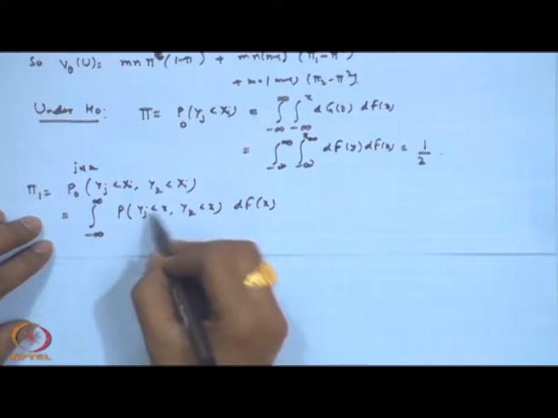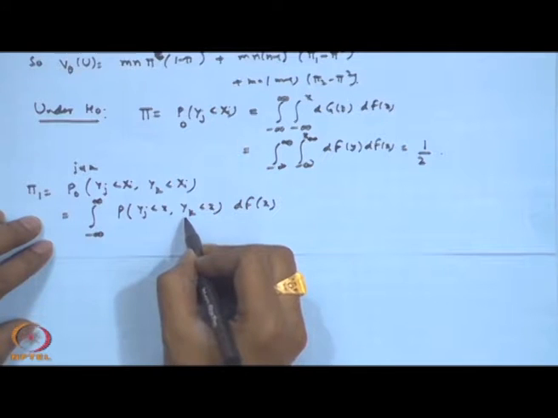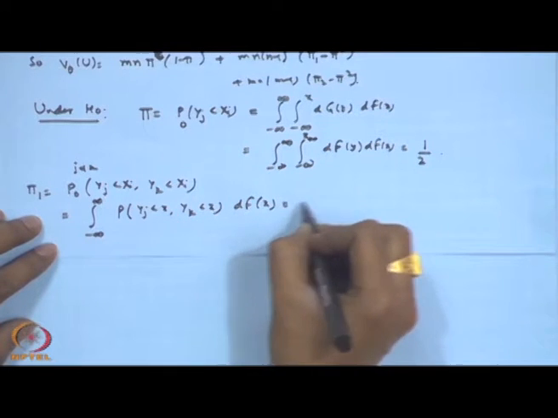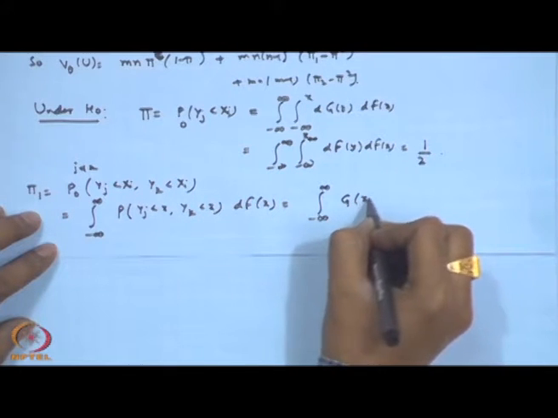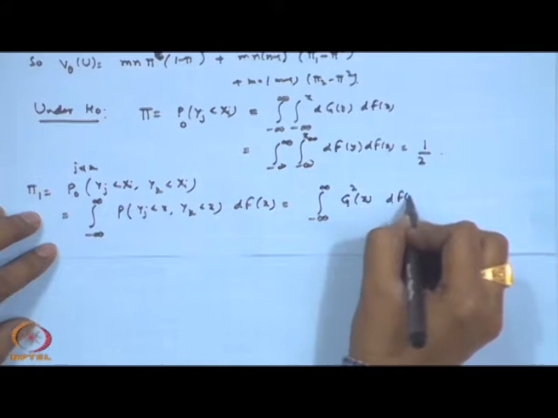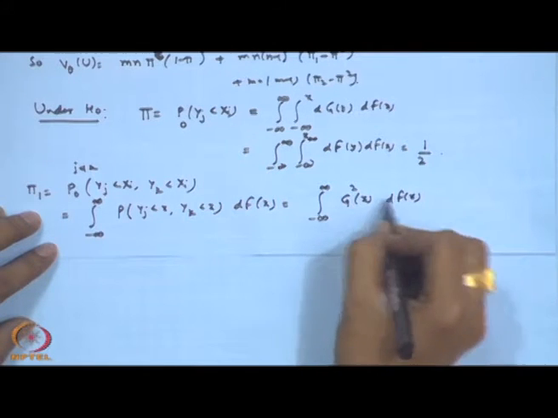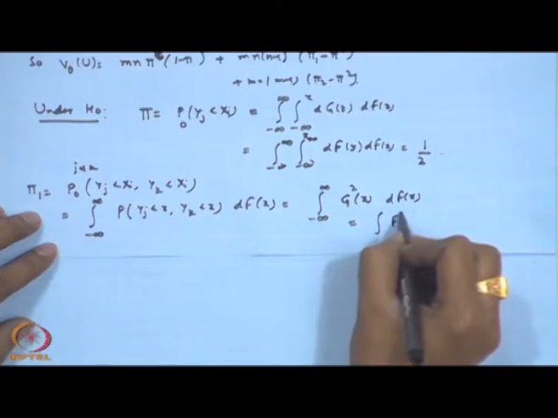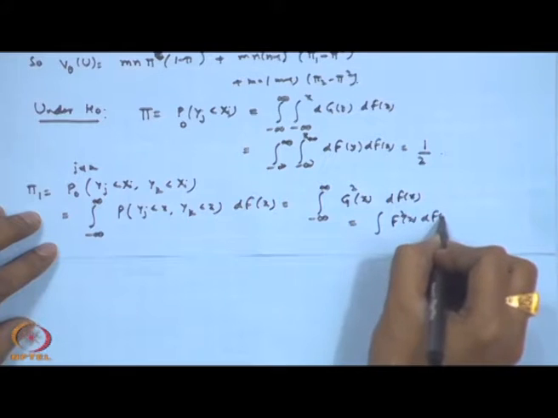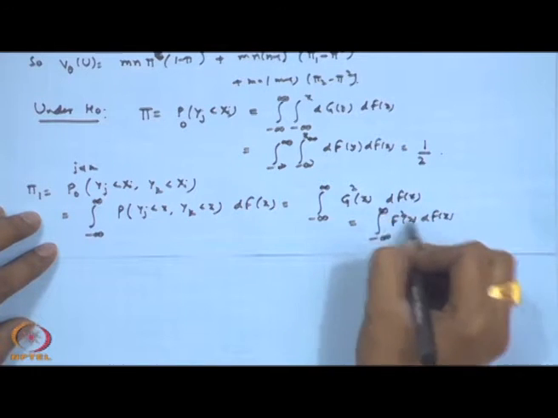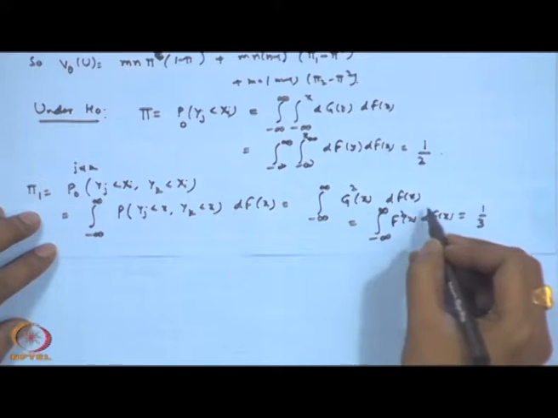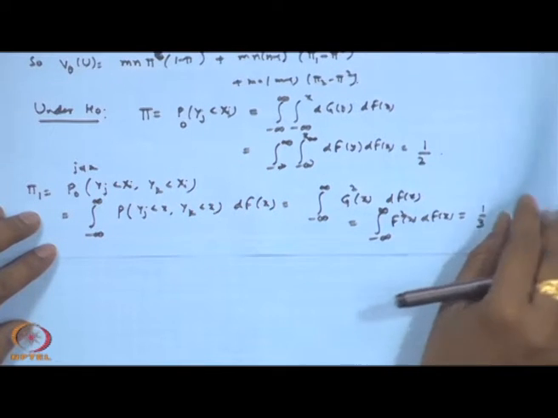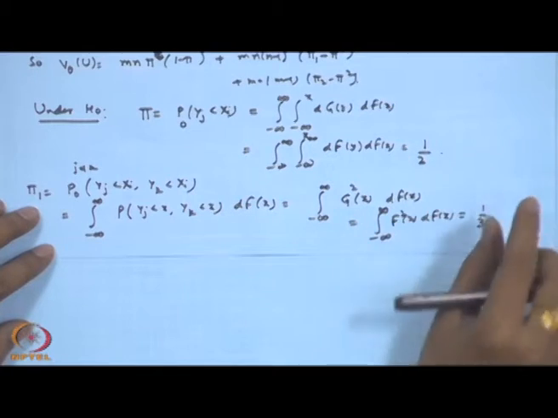When x is fixed, then y j and y k become independent. So, this can become equal to the product of these values and that is simply becoming G x square d F x. Now, under H naught G is equal to F. So, it is becoming F square x d F x and this is nothing but 1 by 3, because this is becoming F cube by 3. So, from minus infinity to infinity, this will be evaluated to be 1 by 3.